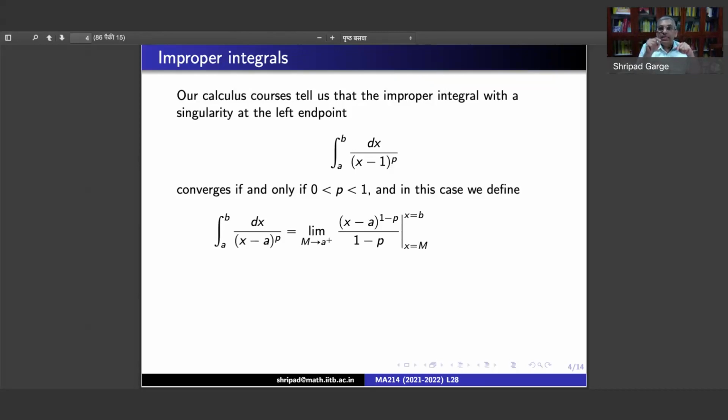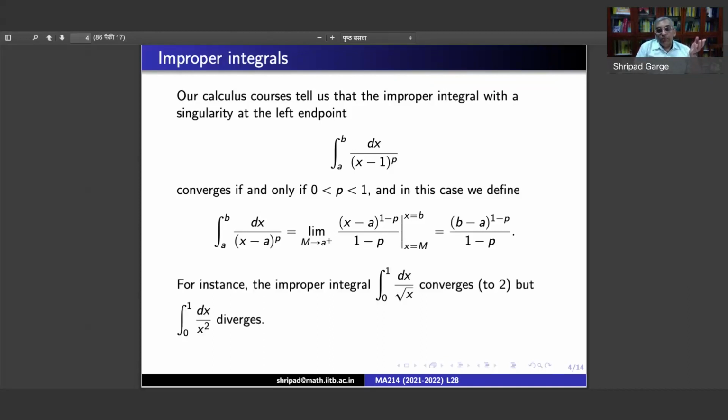This is why we say p should be less than 1. The limits are taken from x equal to M to x equal to b, and the answer is then (b minus a) to the power 1 minus p upon 1 minus p. This is what happens when you have dx upon (x minus a) to the power p.